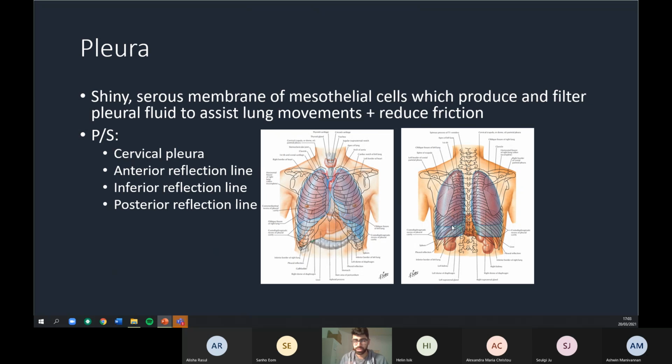This is a bit of detail which I haven't included in this lecture, but essentially you just follow the contour of the lungs or the pleura, and these are the anterior, inferior, and posterior reflection lines. Anterior is here, posterior is here, and inferior is here.